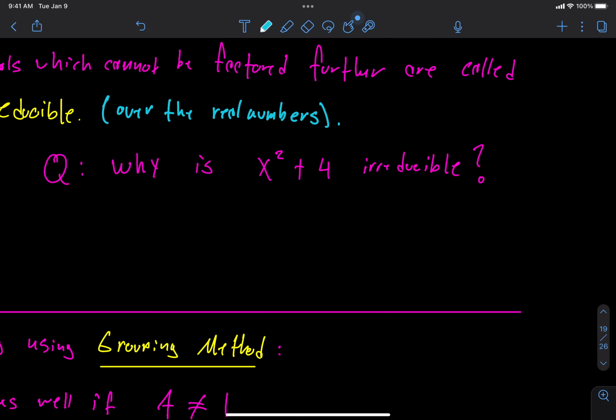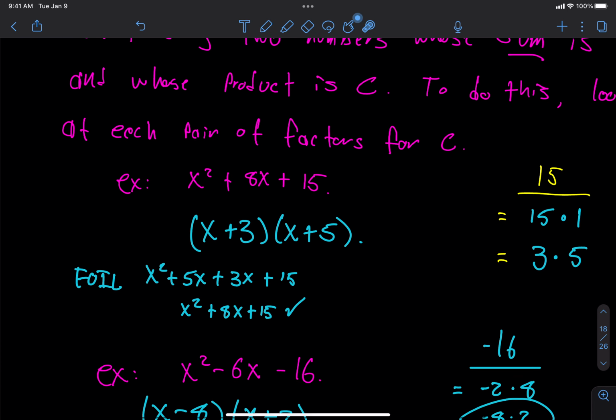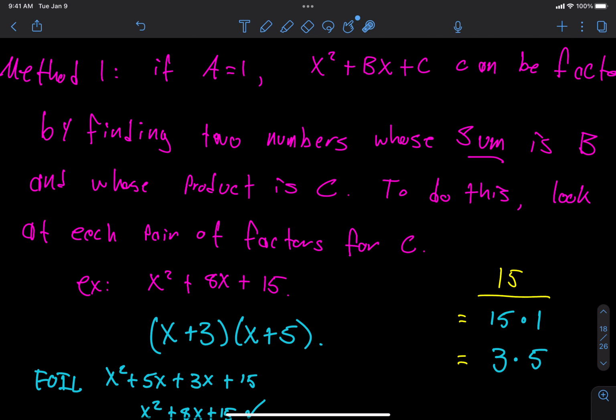So let's take a look at an irreducible polynomial, which is x squared plus 4. Now, you probably all know the quick and easy way to factor a difference of squares. But this is a sum of squares. So if we want to apply our previous logic to this, we want to find two numbers whose sum is b and whose product is c.